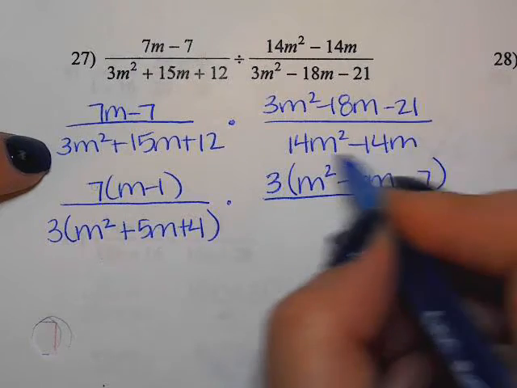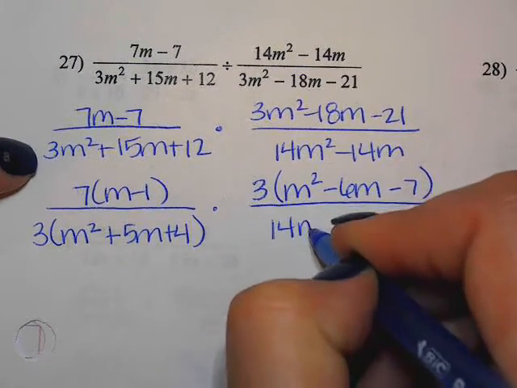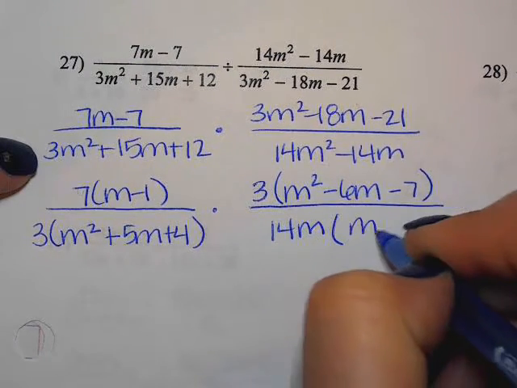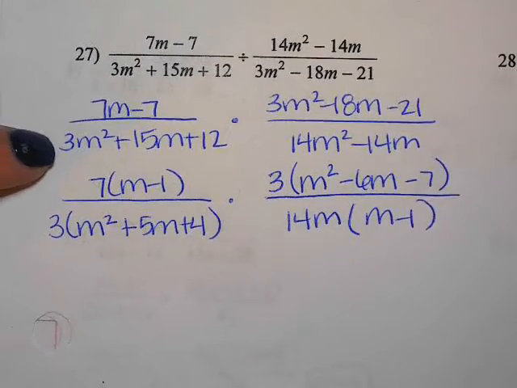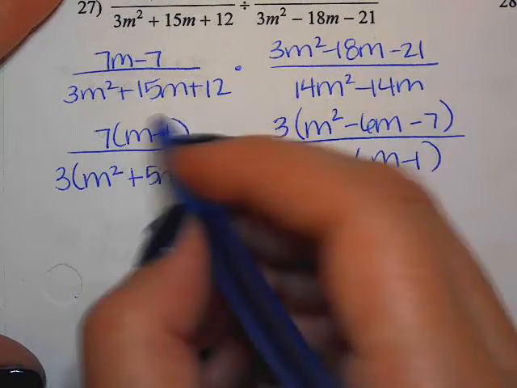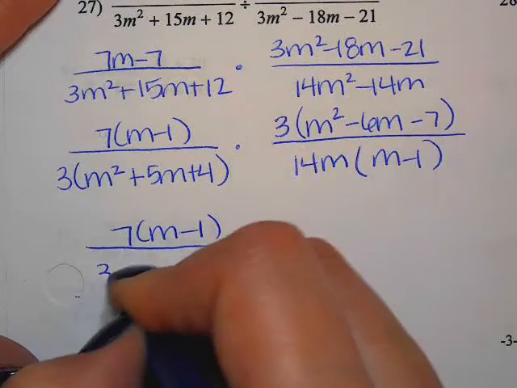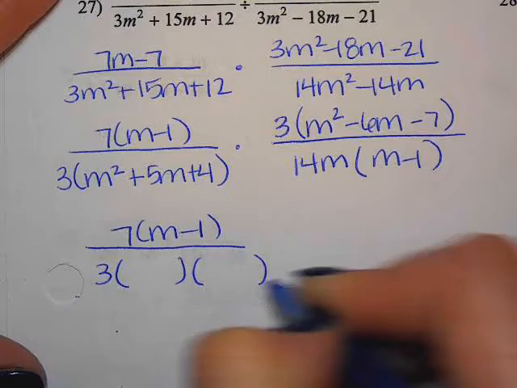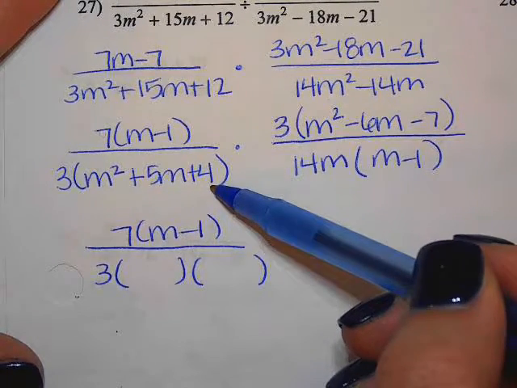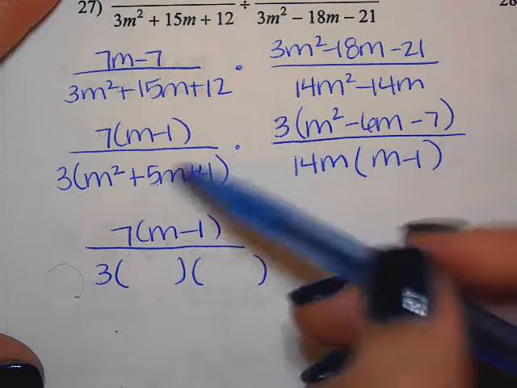On the bottom, what's the GCF? 14m, and then okay. So the top of this one is completely factored. For the bottom, we're looking for 2 things that multiply to 4, but add to 5. 4 and 1.